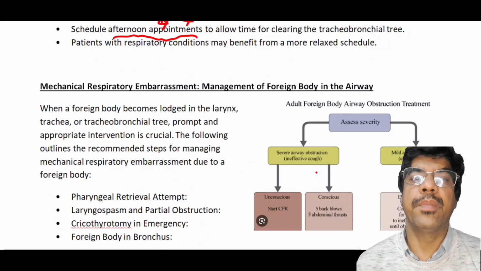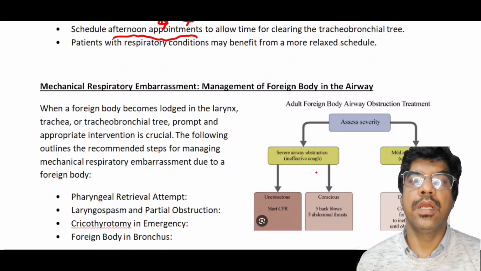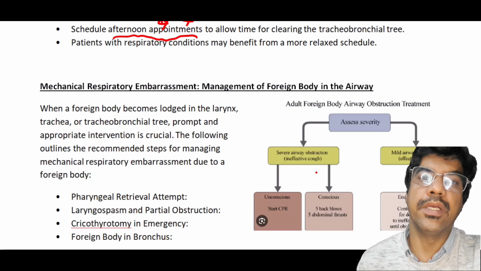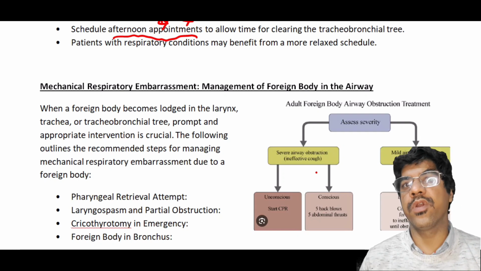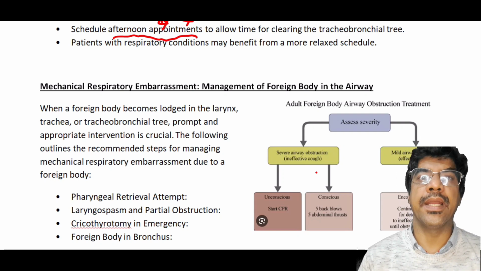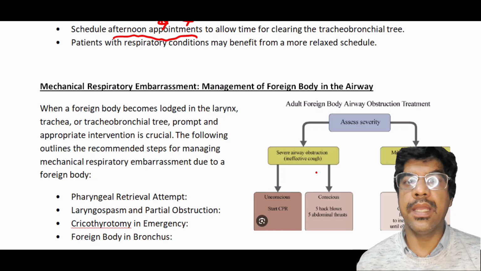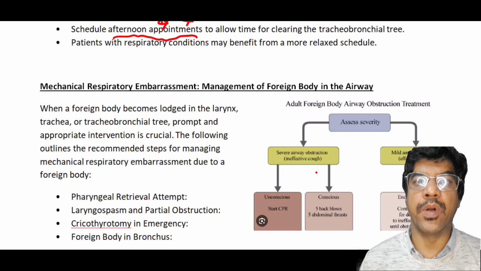Another important topic is mechanical respiratory embarrassment due to a foreign body in the airway. When a foreign body becomes lodged in the larynx, trachea or tracheobronchial tree, prompt and immediate intervention is important.